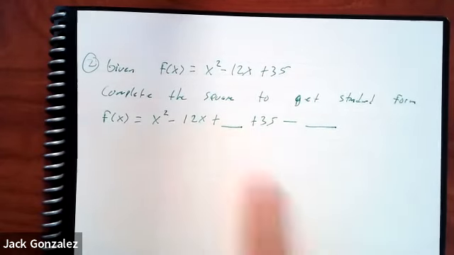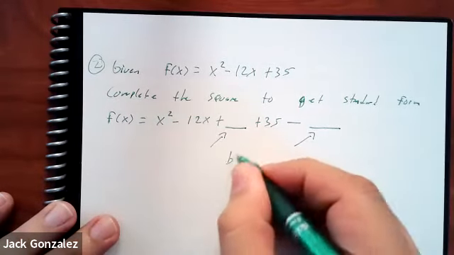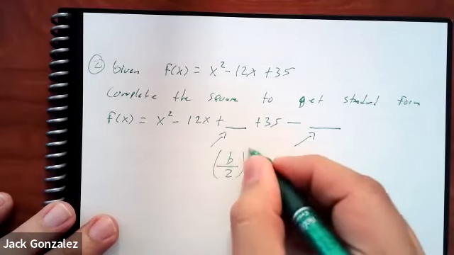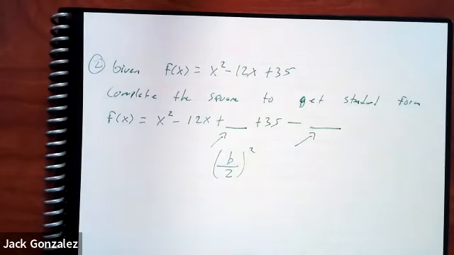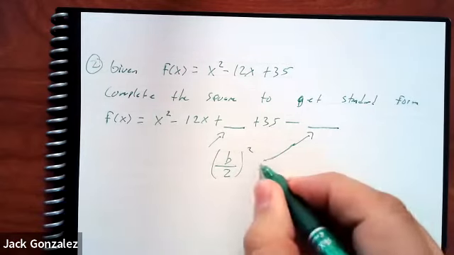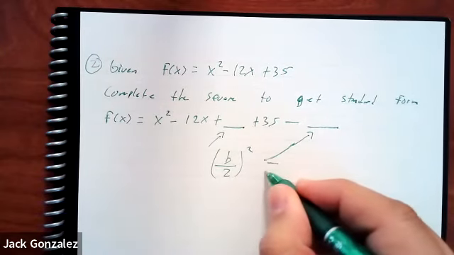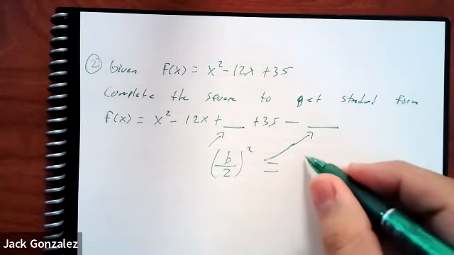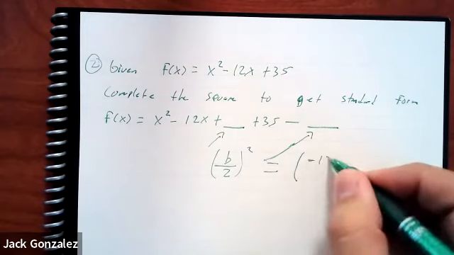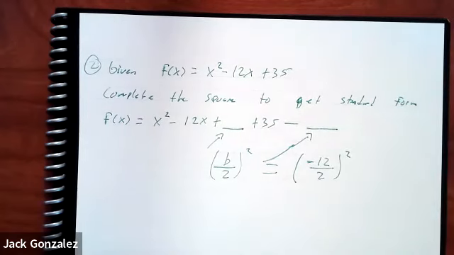So to find this number, what goes in those boxes, or that line, is b over 2 squared. In our case, what is b? B would be 12, the number on the x. What is half of b squared?